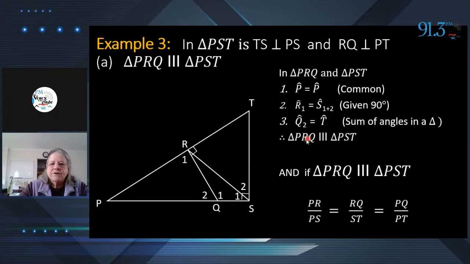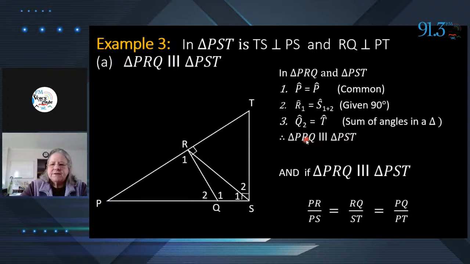And we've proven our similarity, so therefore we can say that triangle PRQ is similar to triangle PST. Now, they may either ask you to prove this, or they may tell you in the question that this is the case. Now, very, very important.